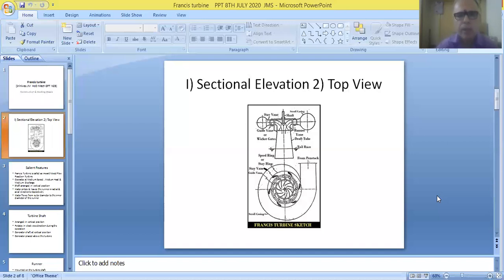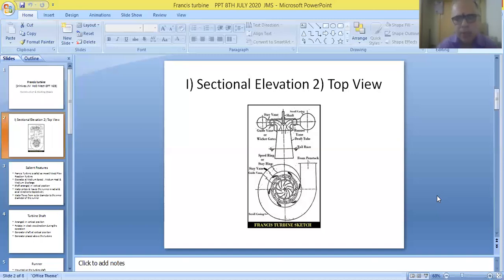And finally, the inlet of the casing is fitted to the pipeline, that is the penstock, which is referred to as the pipeline that is coming from the reservoir of the hydel project.